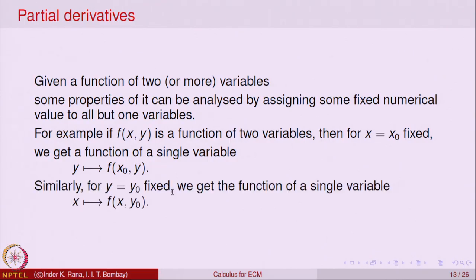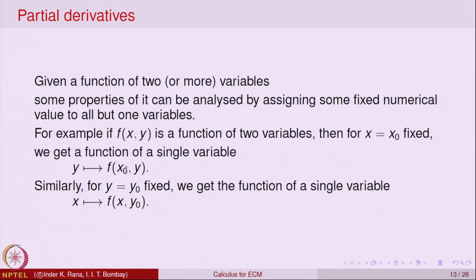Similarly, you can fix y = y naught and then look at the values of f(x, y naught) as x varies in the domain. Of course, you have to look at (x, y naught) in the domain. Here also you have to look at all those points (x naught, y) in the domain of the function.